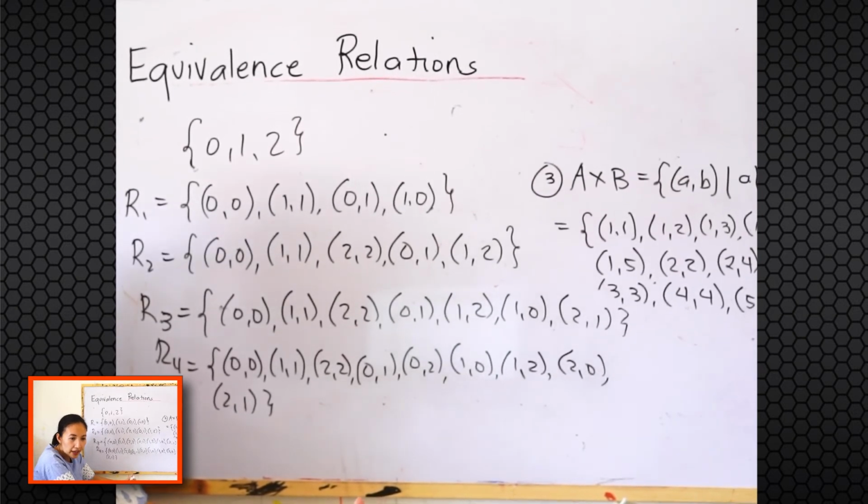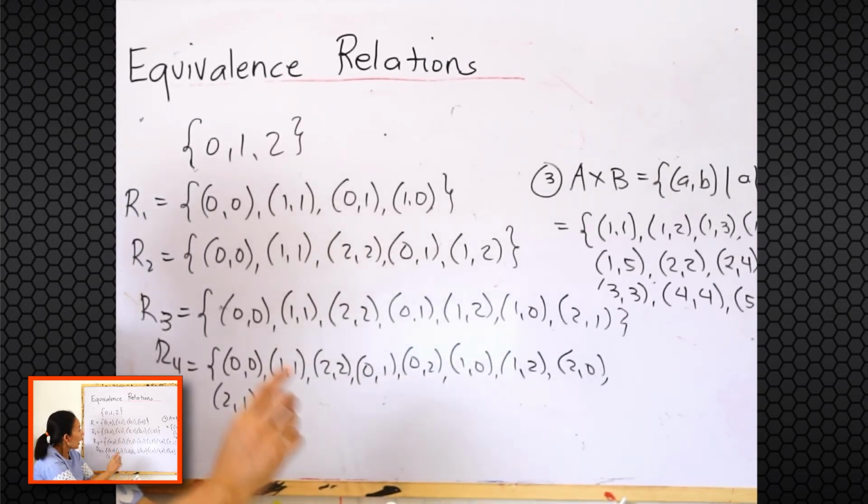To satisfy reflexivity, the ordered pair (2,2) is needed. The ordered pair (2,2) is not part of the relation. Therefore, right away, we can say it is not an equivalence relation.